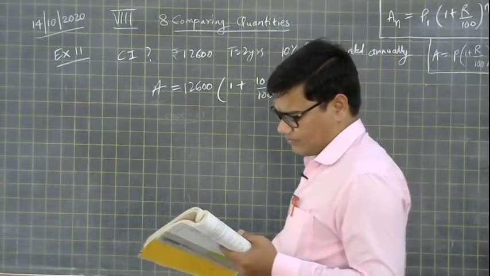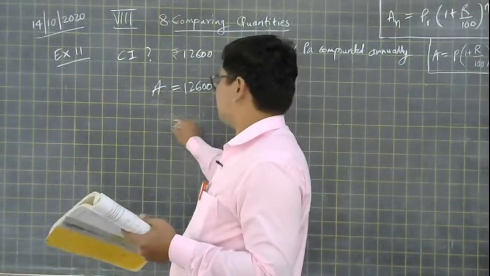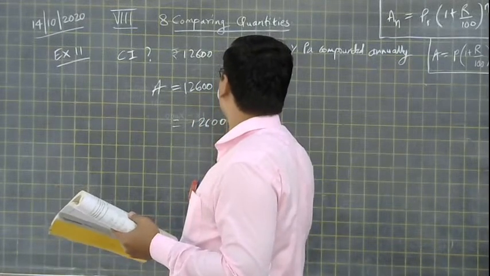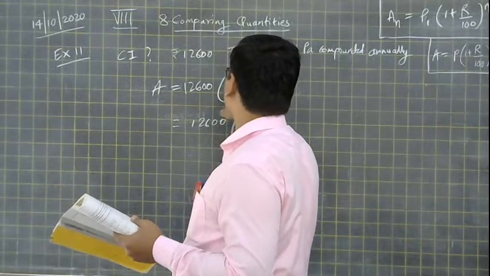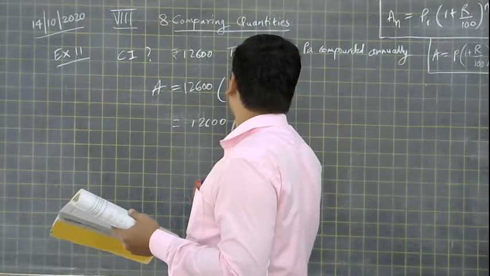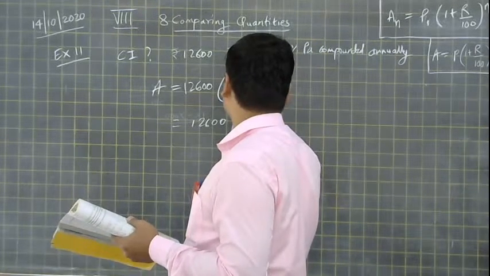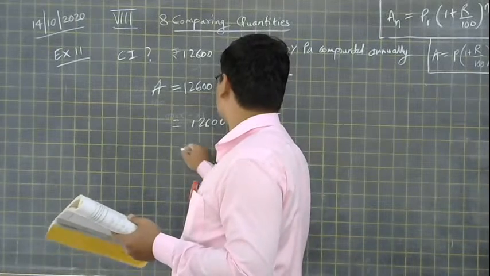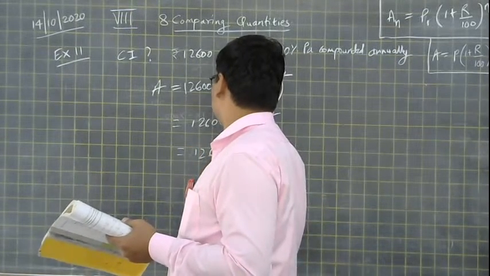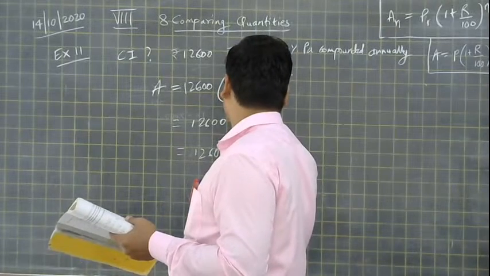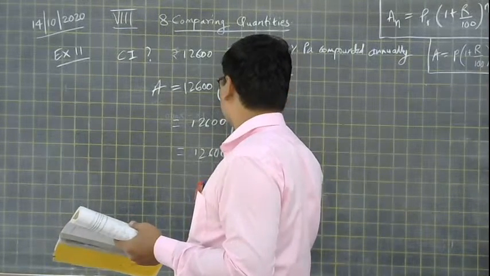This can be simplified further. Taking the LCM, this becomes 110 upon 100 square. We can cancel this 0, so it becomes 12600 into 11 upon 10 whole square.